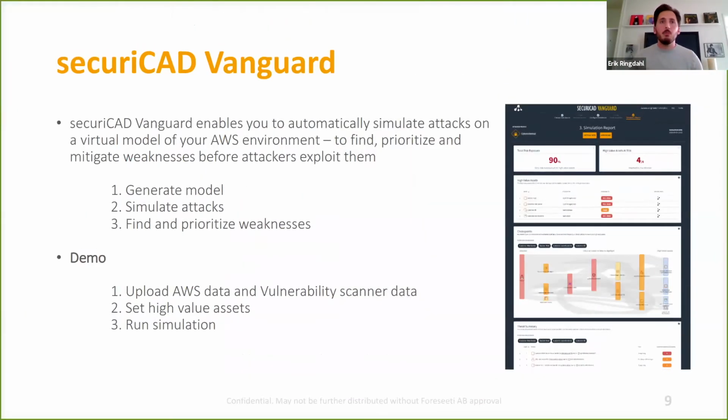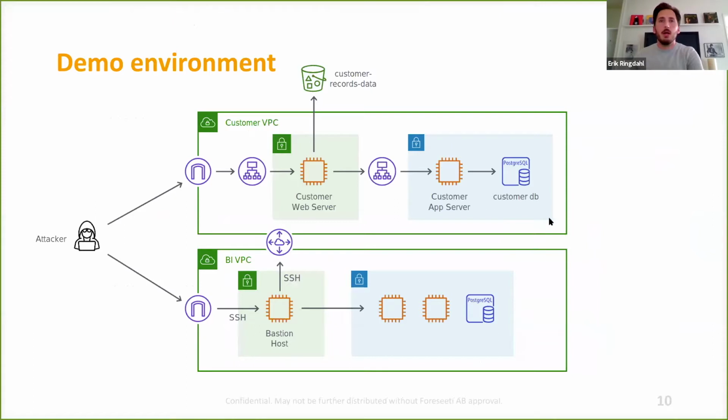Before we move on, we can just look at the infrastructure that we are simulating. And this is a demo environment running in AWS. So we have 2 VPCs, we have an internet-facing web server, there is some load balancing, an application server, and a database.